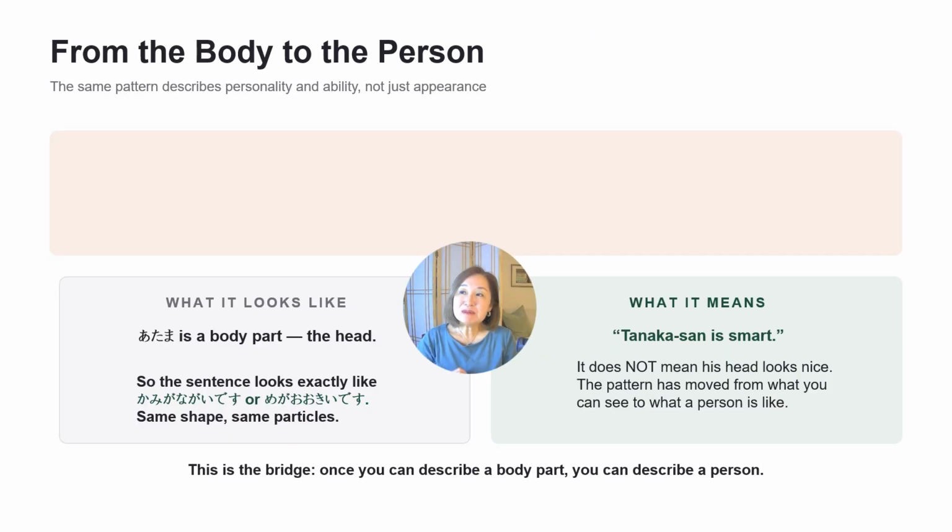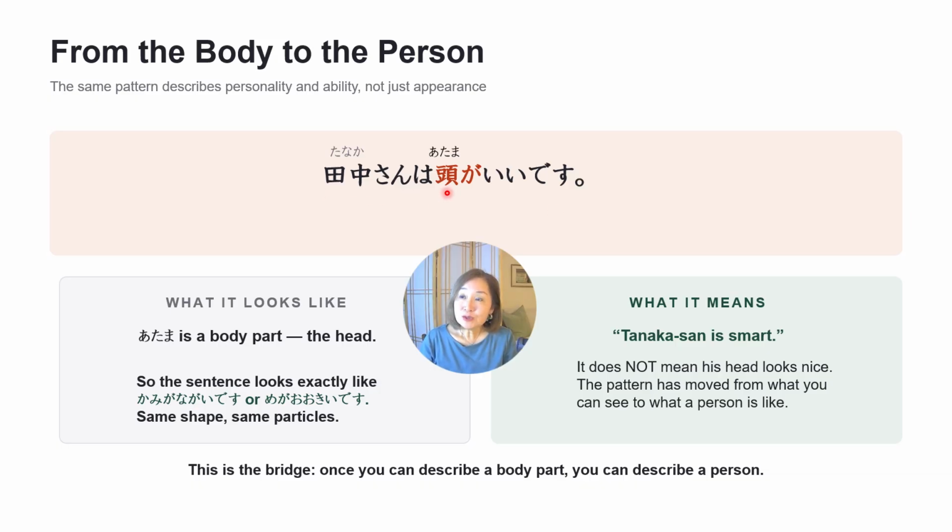Now here's one of my favorite examples because it shows us how this pattern can go beyond physical features. 田中さんは頭がいいです。頭 means head. So it's a body part, just like hair or eyes. The sentence has the same shape.